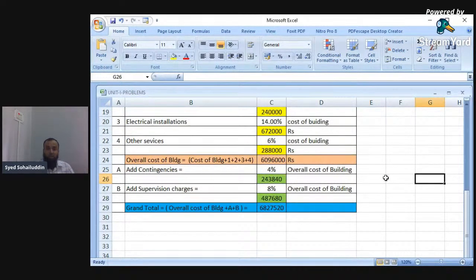So as you have seen these problems, practice these problems, and from next lectures we will have some more concepts on preliminary estimates, some more given data, and some more calculations.